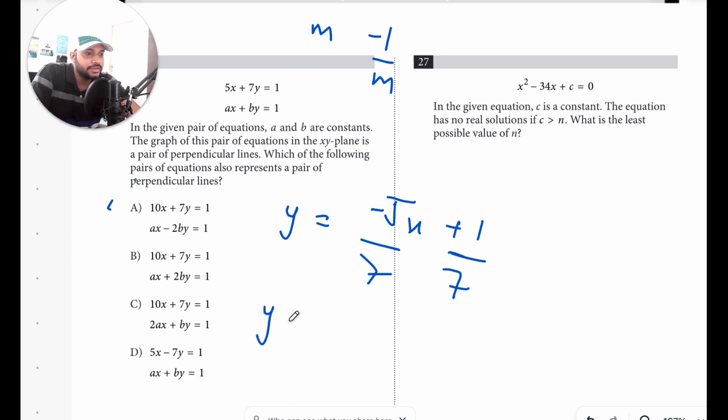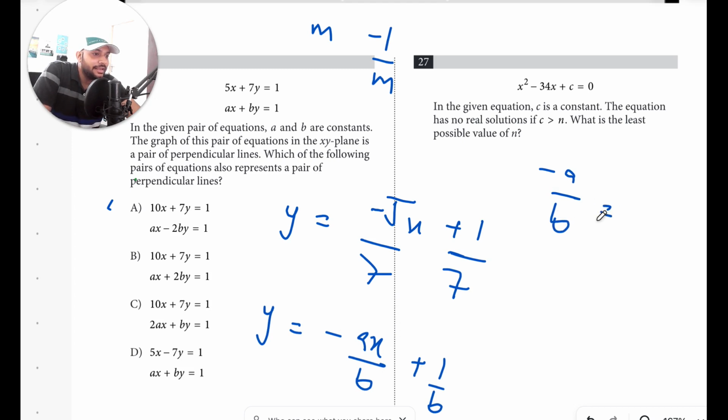The slope of the second equation, y is equal to -ax over b plus 1 over b, is -a over b. Since they're perpendicular, this would be 7 over 5. So this is the ratio. Negative a over b is 7 over 5, or a over b is equal to negative 7 over 5. That's what we need to ensure.